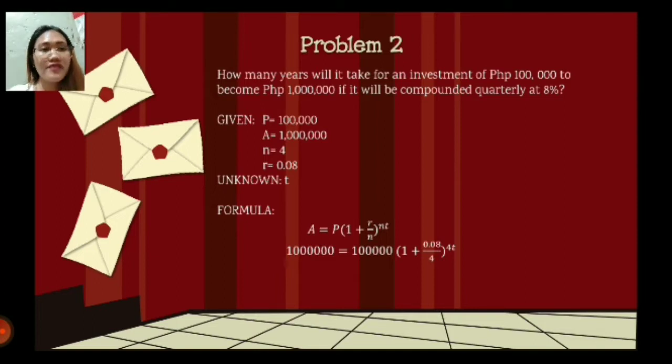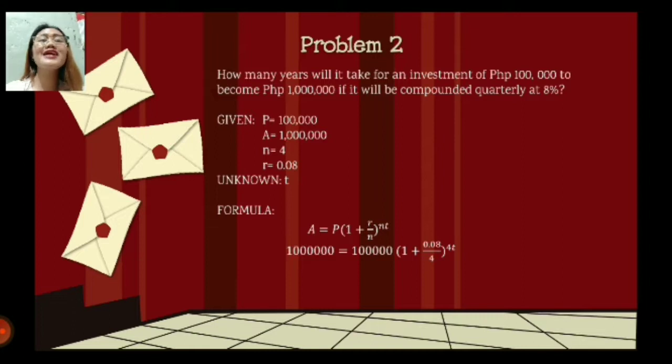For the rate, we have 8%, and then we convert this percent to decimal, and we come up with 0.08. The unknown, or the thing that we need to find, is the time.